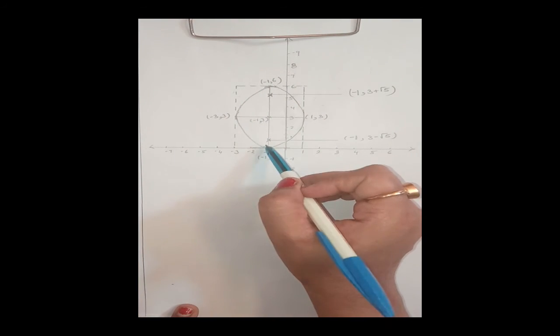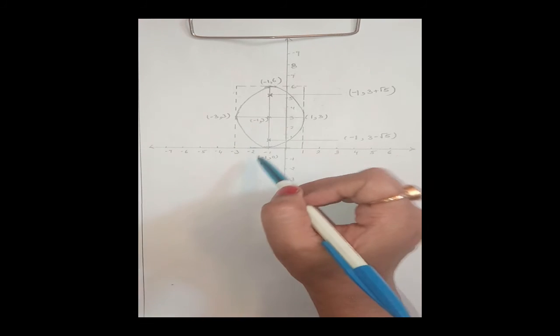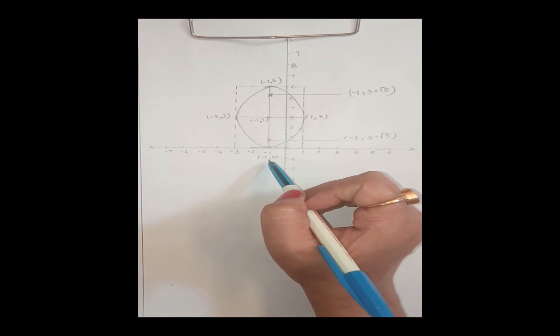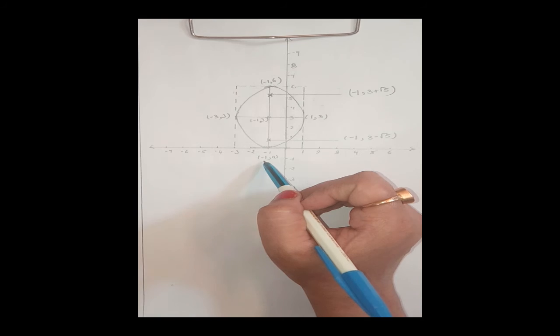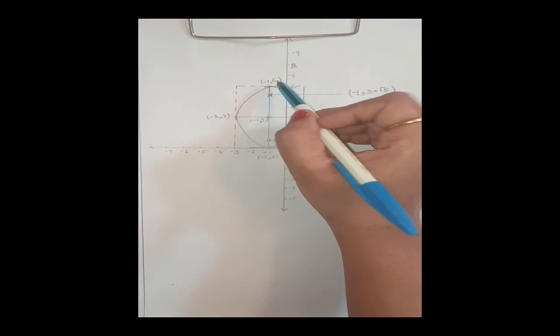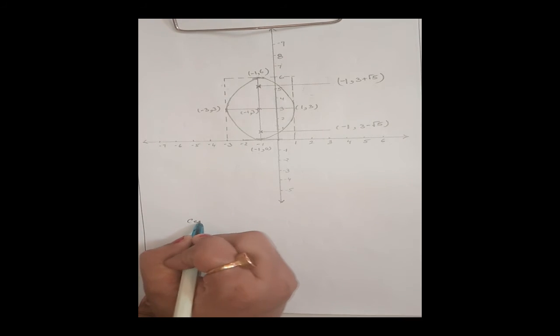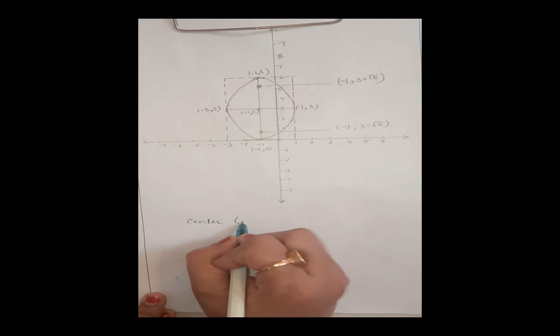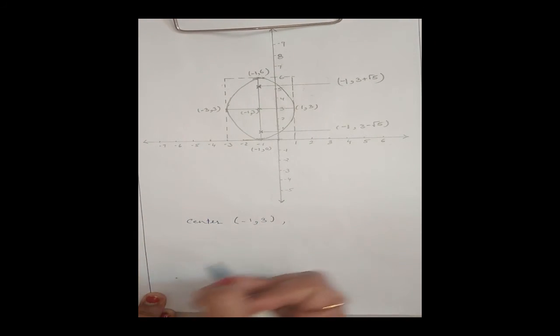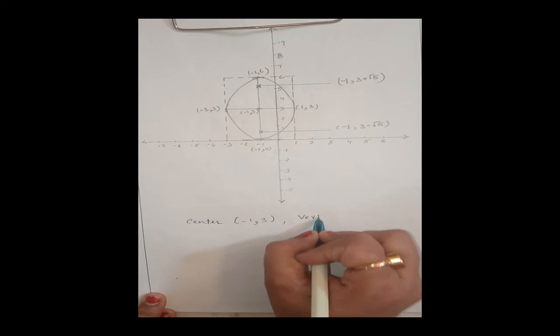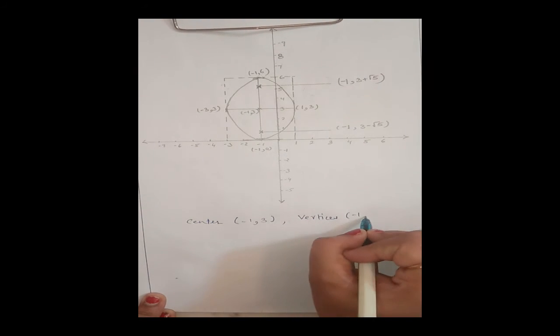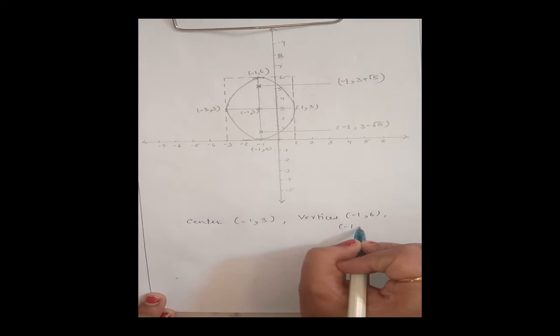Same way 3 units down gives (minus 1, 3 minus 3), that is (minus 1, 0). So these two are the vertices: (minus 1, 6) and (minus 1, 0).